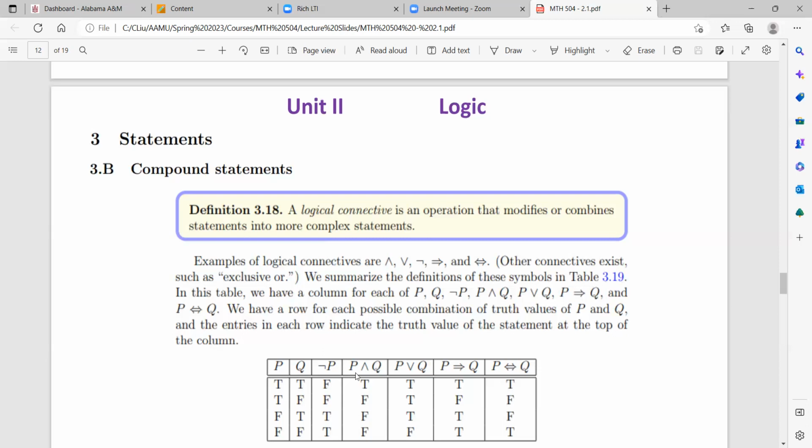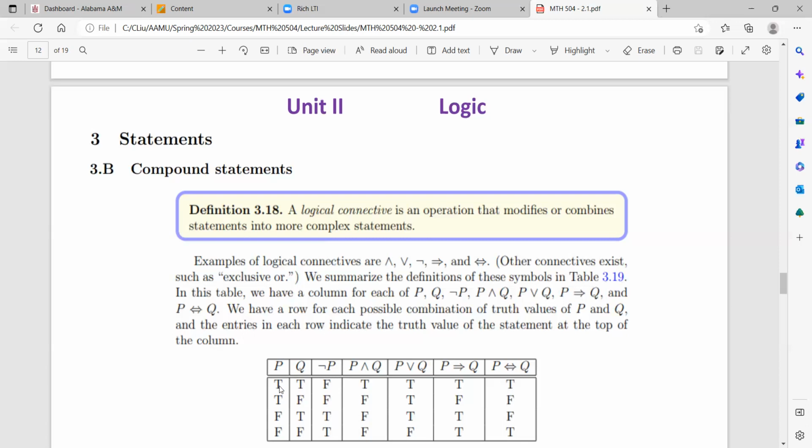So in this table, we just summarize the definition of those symbols or logical connectives. In this table, we have statement P as column 1, statement Q as column 2. P can be either true or false, and Q can be either true or false. So if you combine P and Q, you can make 4 combinations.